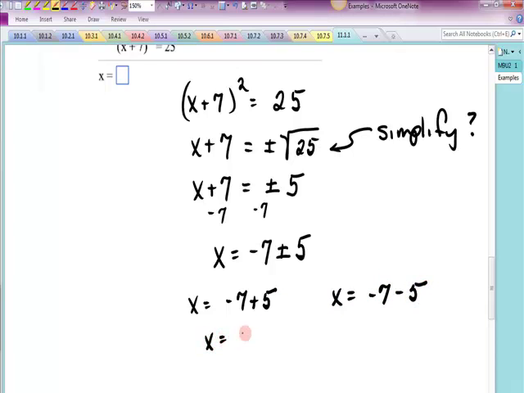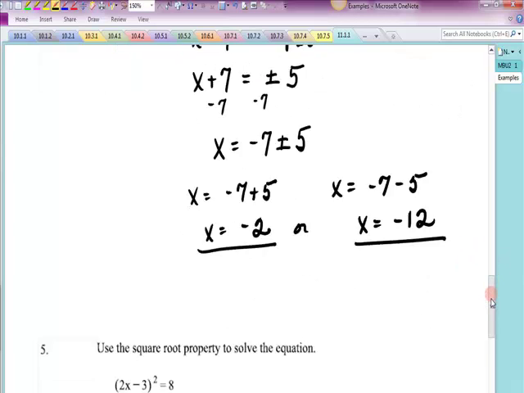So I have x is negative 2 or x is negative 12. So the negative 7 stayed negative. You add it to 5 and you subtract 5. Those are my two answers.